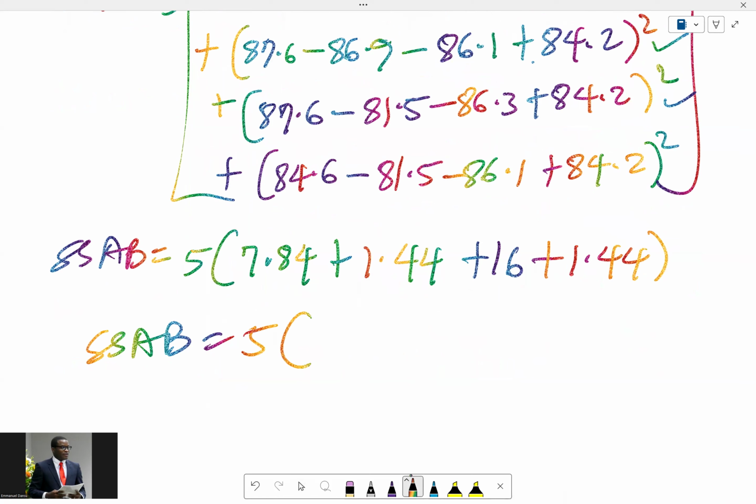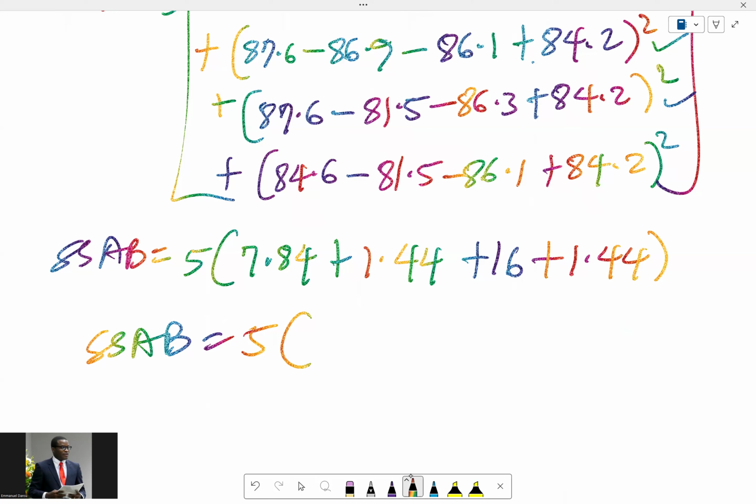That is 7.84 plus 1.44 plus 16 plus 1.44.